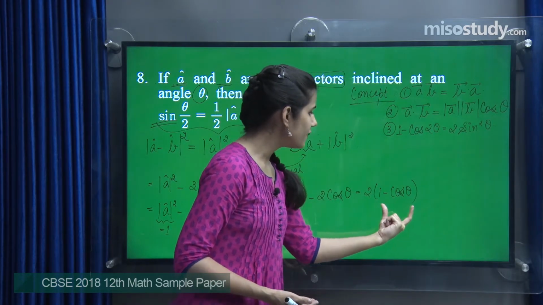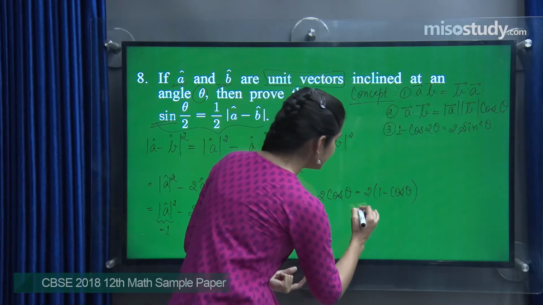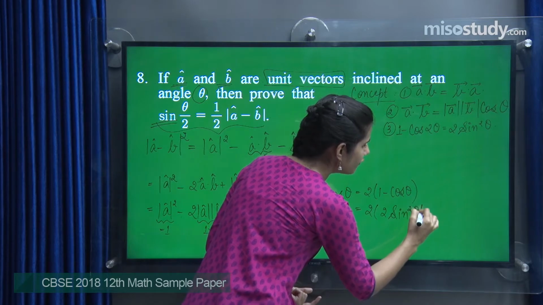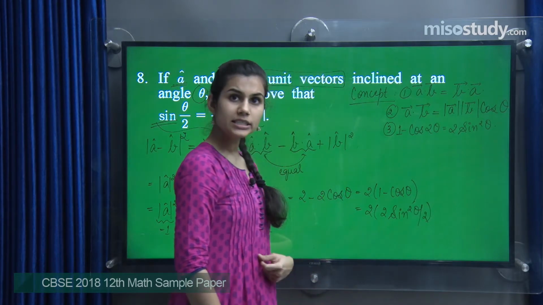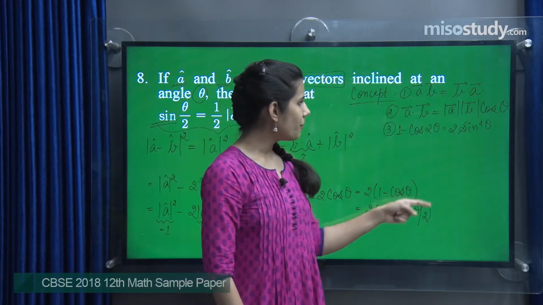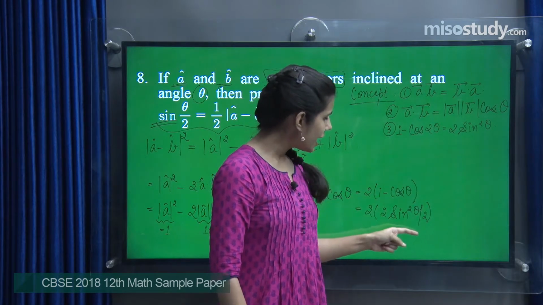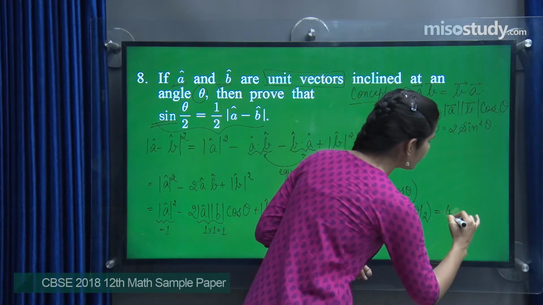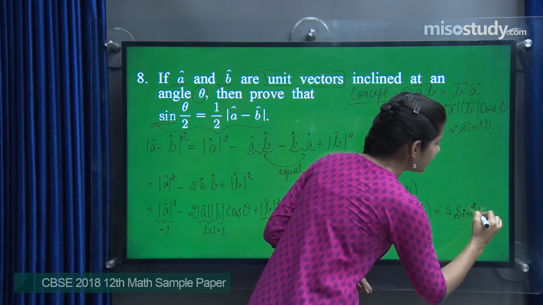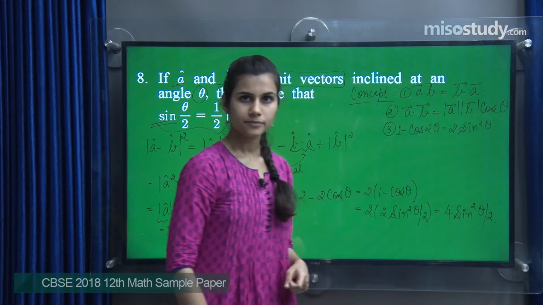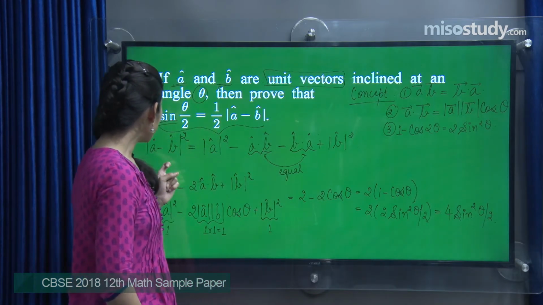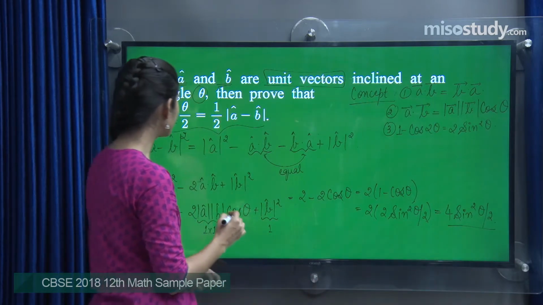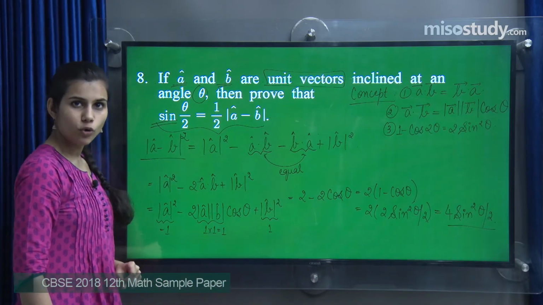Therefore, over here if you have 1 minus cos theta, won't it become 2 sine square half of theta, which is theta by 2? And that is how, by using this particular formula, I have brought sine into the picture, and that is how I have got 4 sine square theta by 2. Now that I have this equals this, 4 sine square theta by 2 is mod of A minus B whole square.